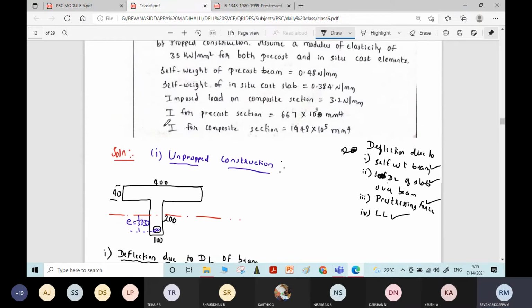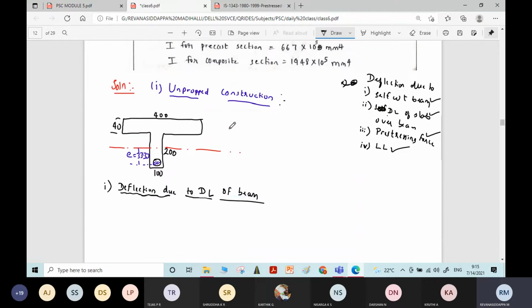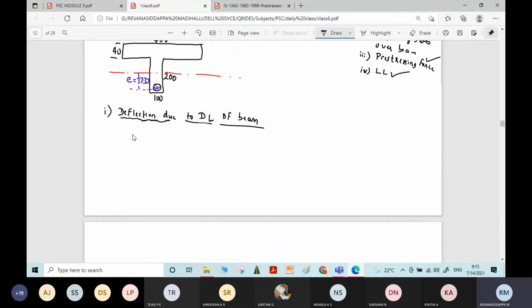The self-weight of the beam is given. How much is it given? 0.48 Newton per mm. Correct? You write that here. Self-weight of the beam is equal to 0.48 Newton per millimeter.